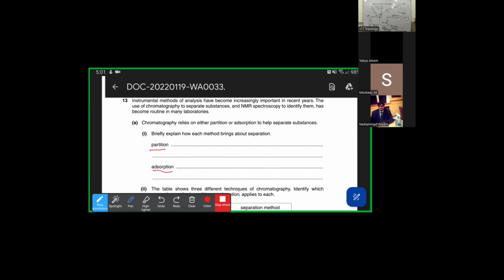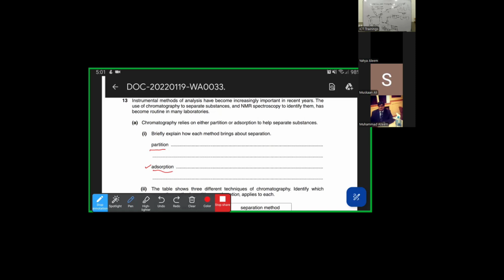The next thing, my dear, is adsorption. During adsorption, the components of the mixture have different forces of attraction with the stationary phase. Those with greater forces of attraction would not travel further; they would remain down, whereas those with less forces of attraction with the stationary phase travel further with the mobile phase.